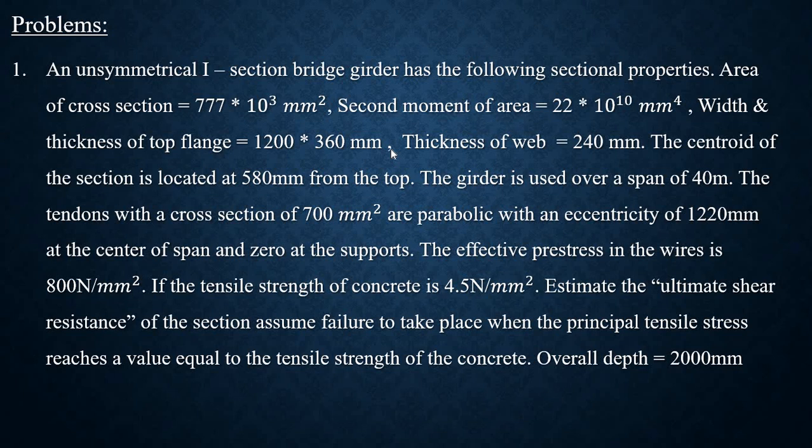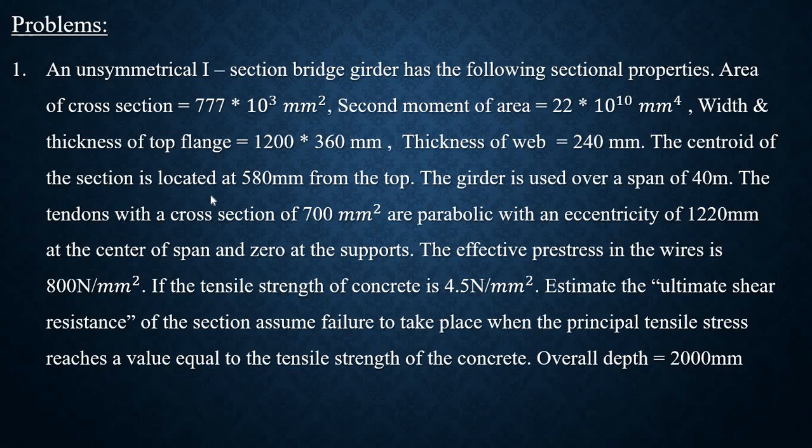Here you should keep one thing in mind. They have said it is an unsymmetrical I section, but they are not giving any information about the bottom flange. We have the information about the top flange, so 1200 is the width, the thickness is 360 mm. Thickness of the web is 240 mm.